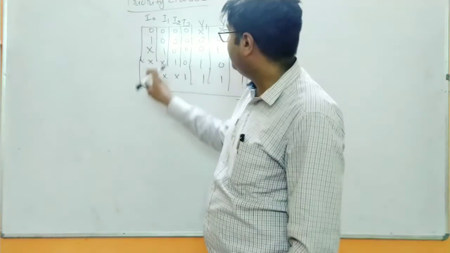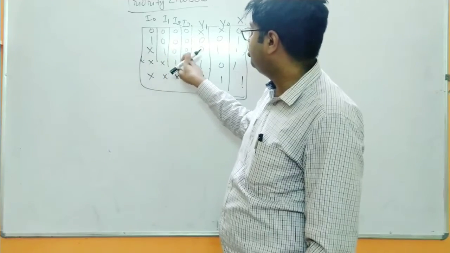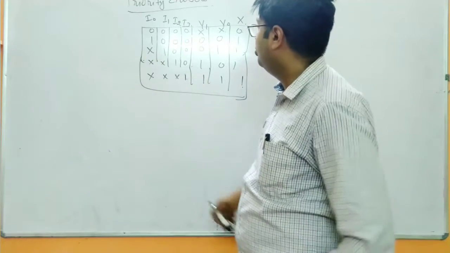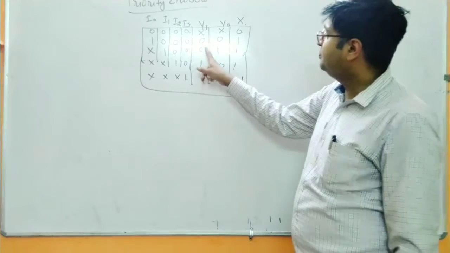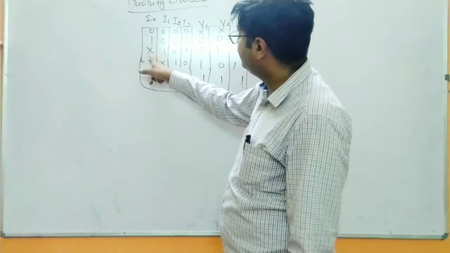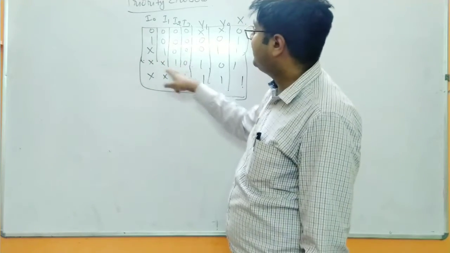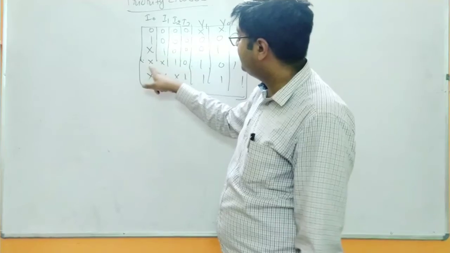Now whatever information is provided here, like x100 or 0100, the output will remain 011 because of this priority. This priority was given by this input only. Same with this one.